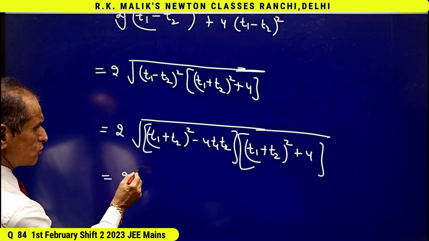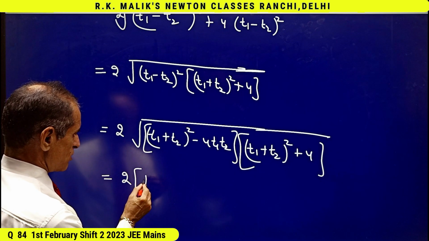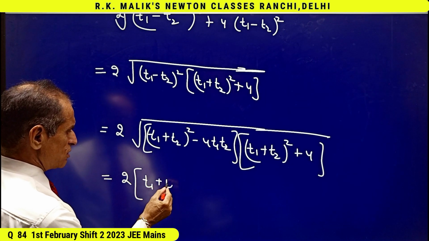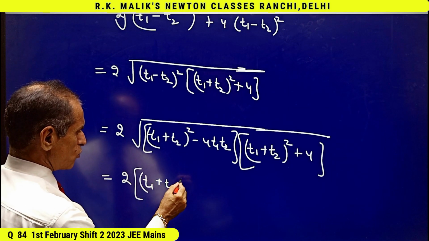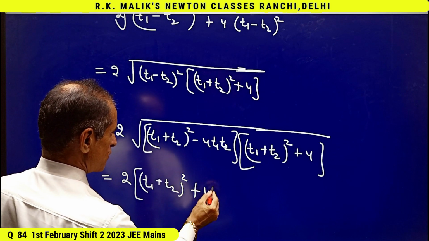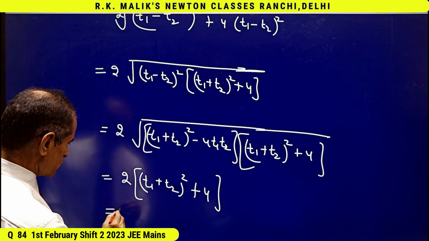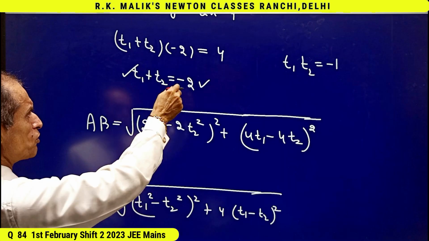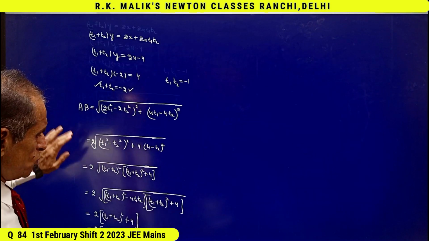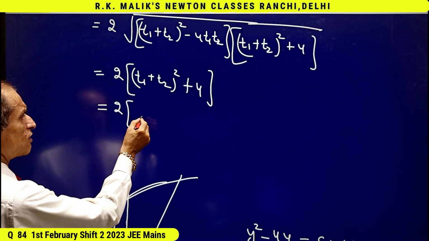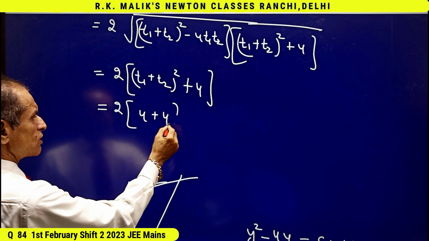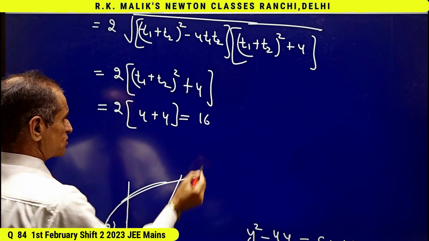That is 2 into T1 plus T2 whole square plus 4, because T1 T2 is minus 1. That is 2 into, because T1 plus T2 is minus 2, putting the value here, I get 4 plus 4, equal to 16.